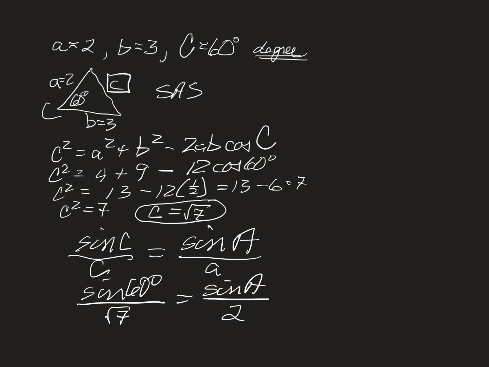So I can solve this by cross multiplying and dividing, and I get 2 sine of 60 divided by the square root of 7 is equal to the sine of A.